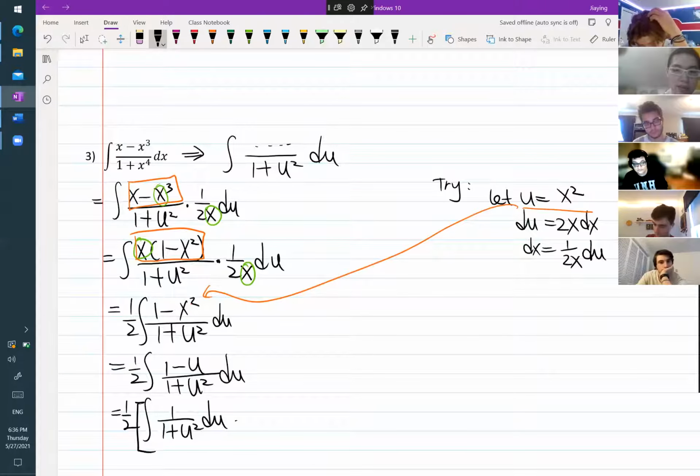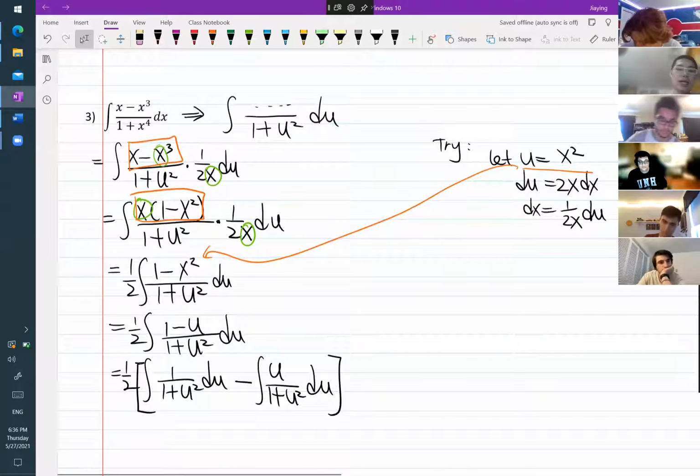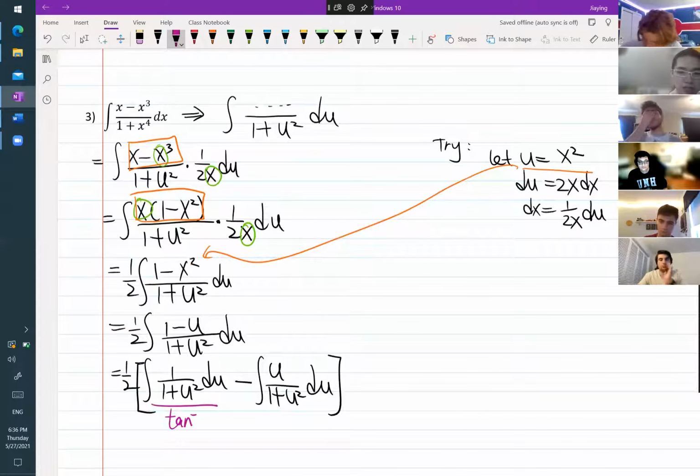And then we have minus the integral of u over 1 plus u squared du. You probably wonder, how is that going to help us? Well, at least the first part, we know. That gives us inverse tangent of u, based on what we did in the previous problem. But how about the second one? Any suggestions on how we could integrate the second integral?